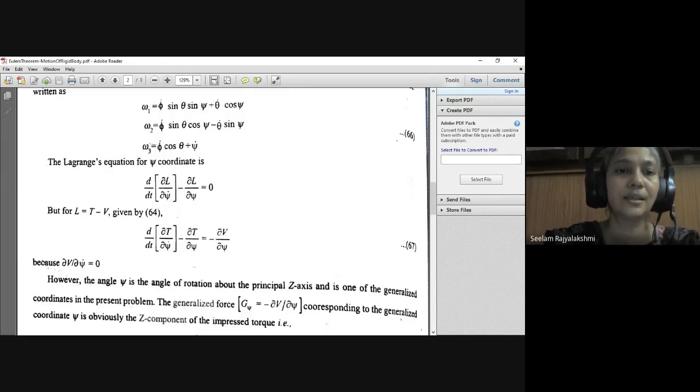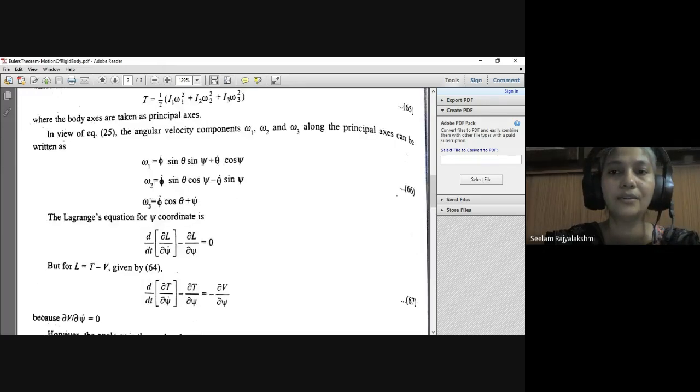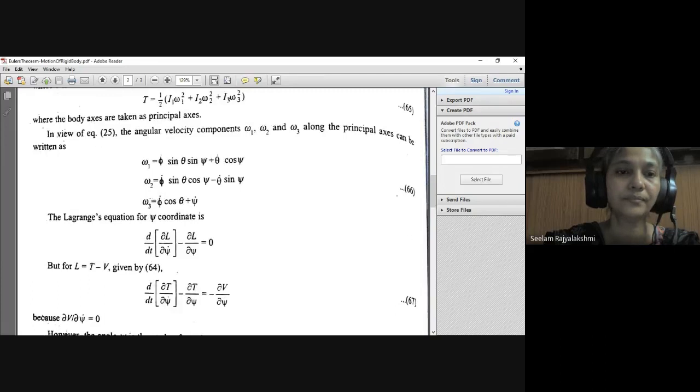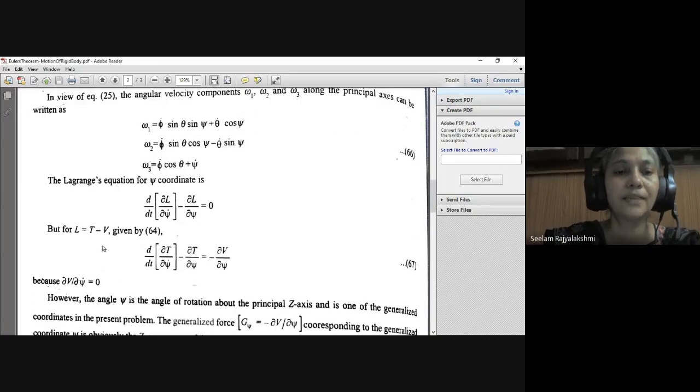So this is the Lagrange's equation for the psi coordinate. But we know L equals T minus V, as we already have in equation number 64.